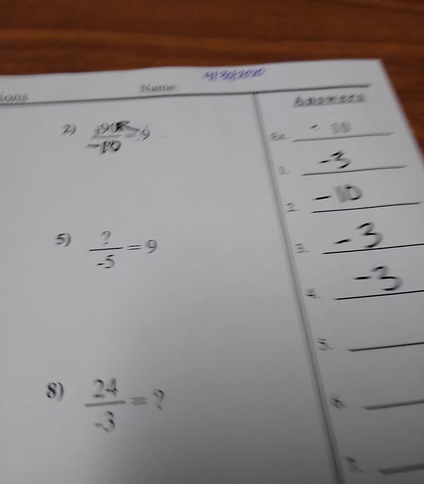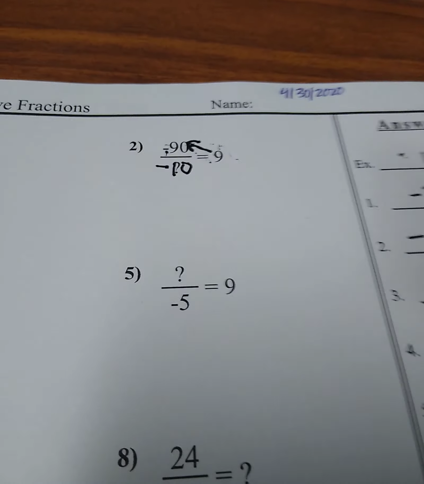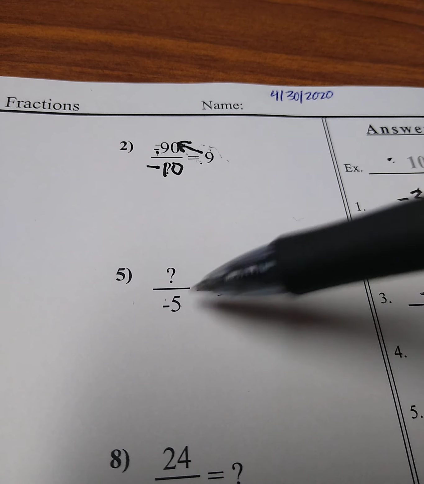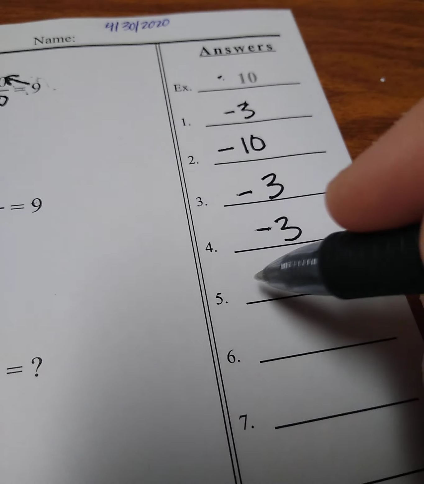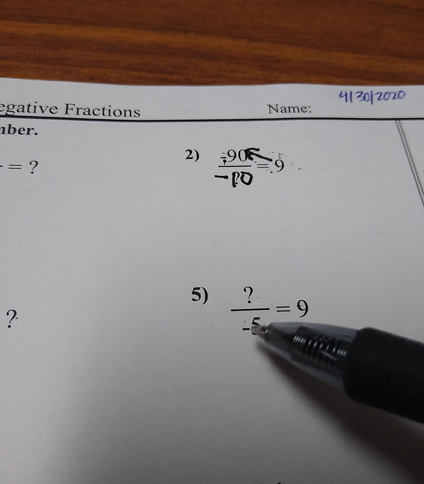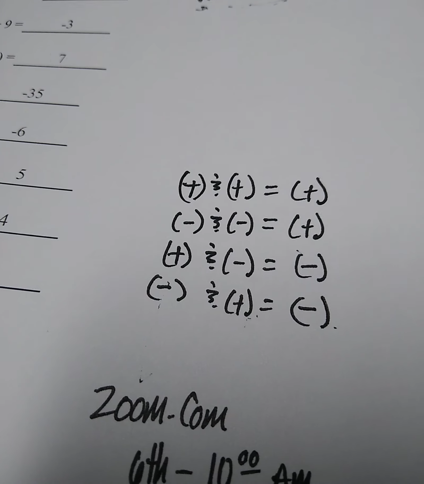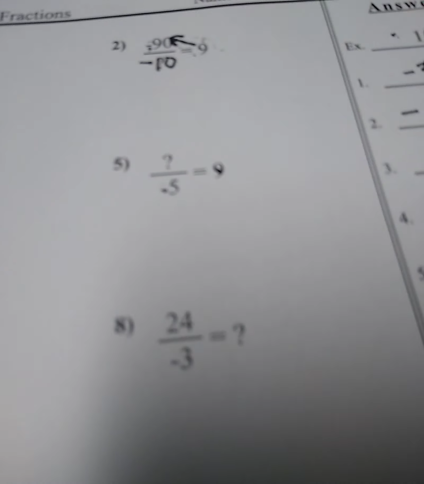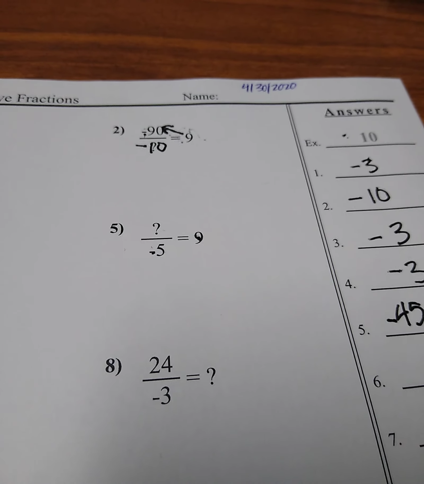Question mark over negative 5 equals 9. 5 times 9 is 45. So we know that part, right? 45. Then we have a negative and a positive, which we know equals negative. Okay, that's how you do them.